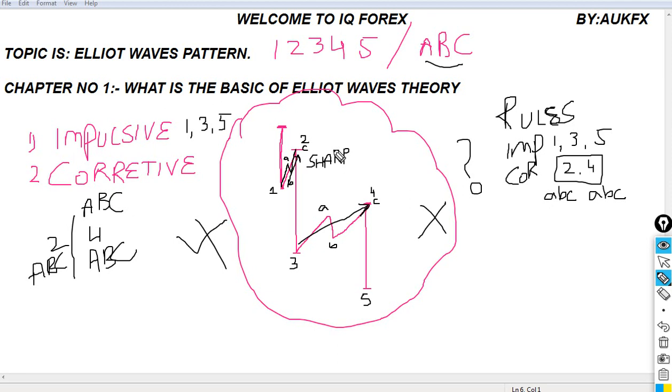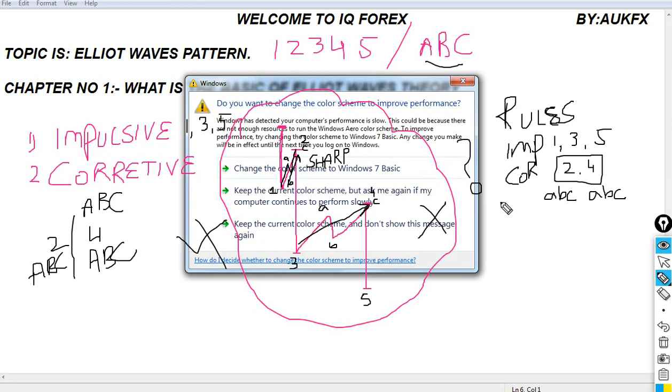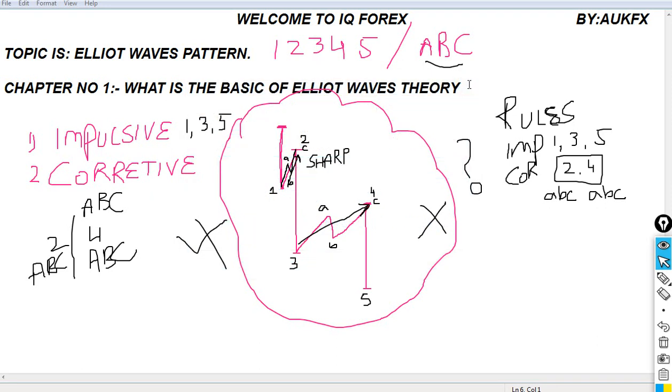It's logical. Now we have a question again. If the second correction has ABC, there are waves in the waves. From the third to the fourth wave there are also waves in the waves. So why don't we have waves in 1, 3 and 5? My answer is yes, of course we have 5 waves in impulsive, because these waves are called impulsive.